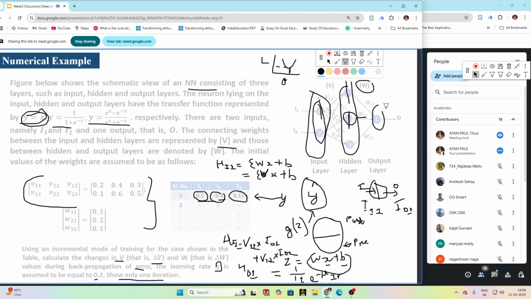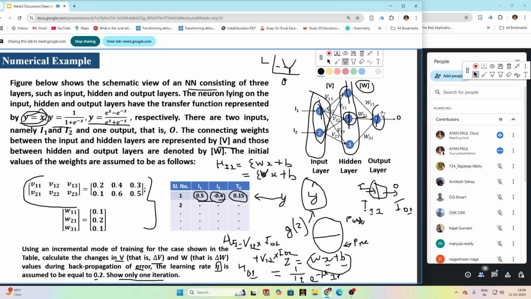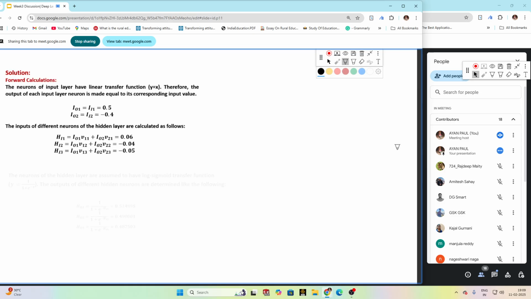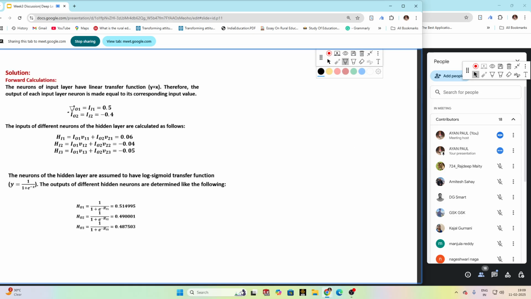Similarly, you can calculate the output, given by O. So OI1 and OO1. Okay, so is it clear? How can we find out this? I1 and IO1 are equal, because here the function is y equals x.